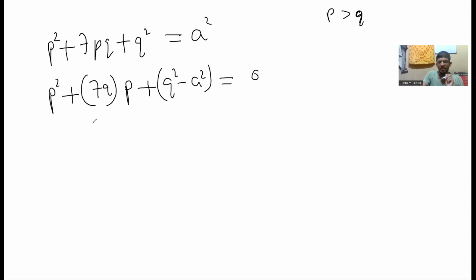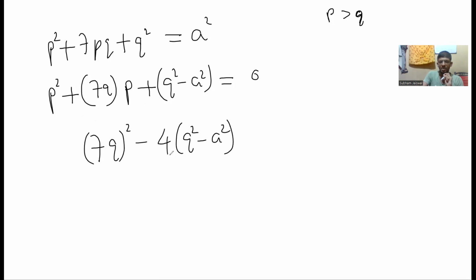Right. And then if this has to have, so what are the roots of this, right? So you will notice that in the roots you get something like this, b square minus 4ac. This is the b square minus 4ac, right? This you get the formula, right? So this has to be a perfect square. This has to be a perfect square now, right?